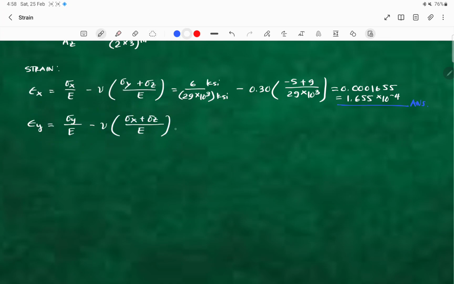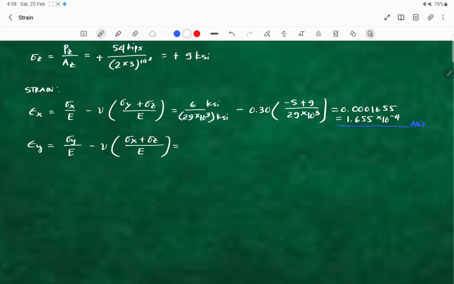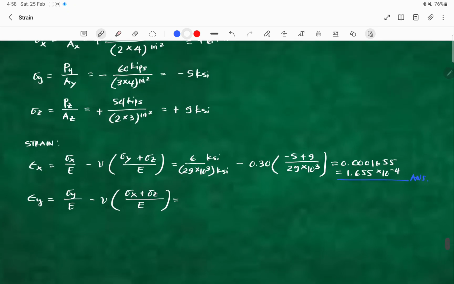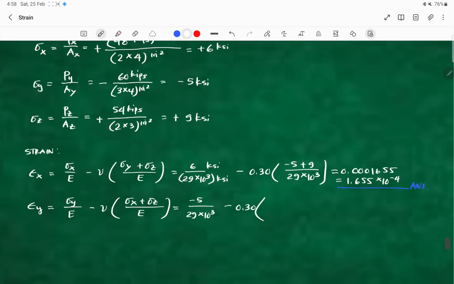So therefore we have, so stress in Y, we have negative 5 all over 29 times 10 to the power of 3 minus 0.3 times stress in X, that is positive 6, stress in Z, that is positive 9, and then we have this 29,000 KSI.